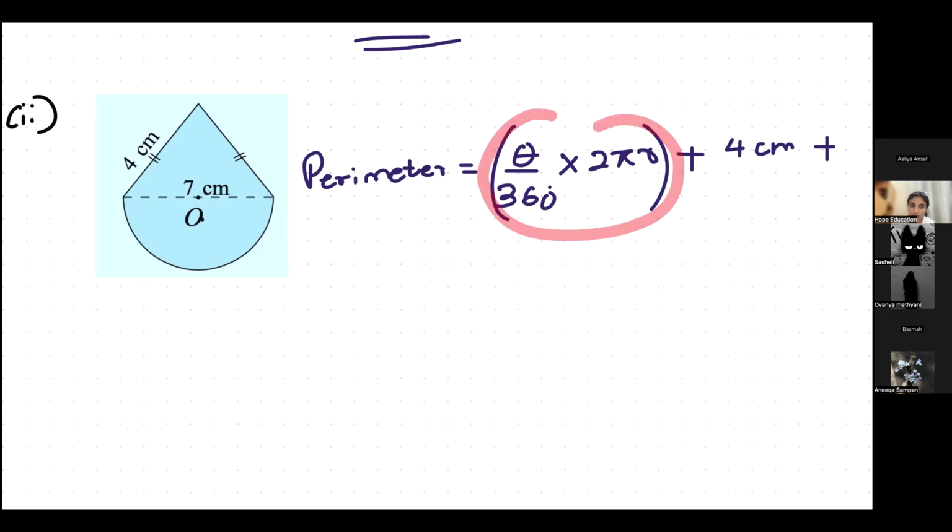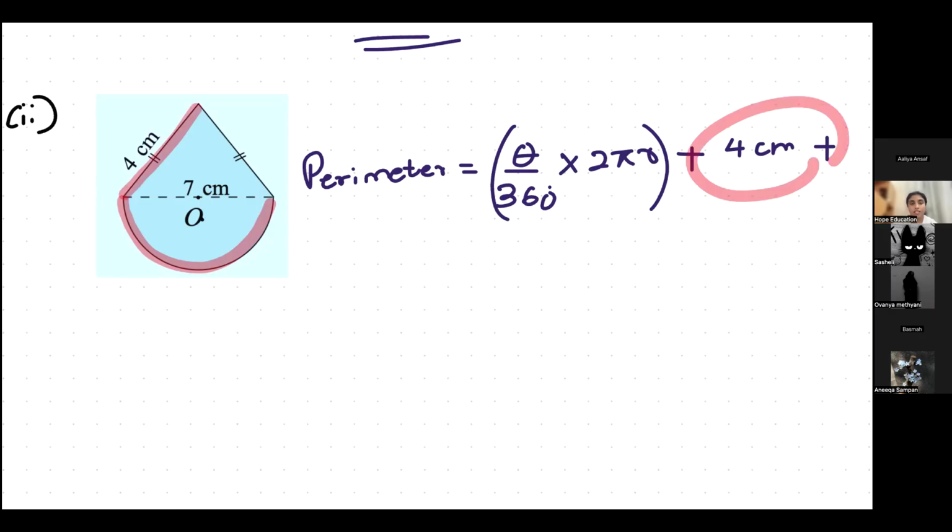So that is this arc length. I don't find it separately; I find everything together. You can find the arc length separately and then add, or find it all together. So theta over 360 multiplied by 2 pi r means this arc length, plus this 4 centimeters. That is what I have shown here.